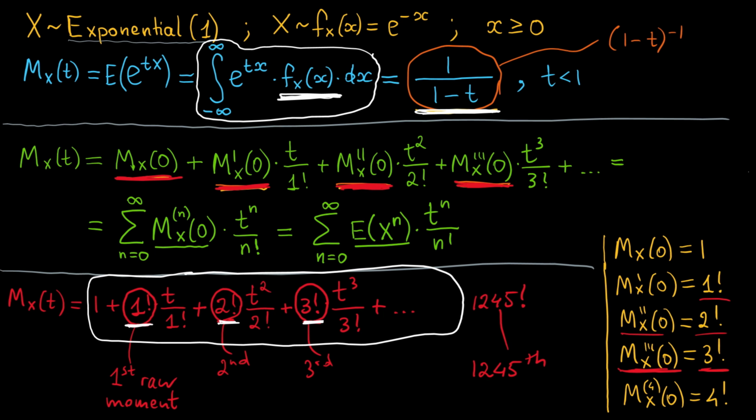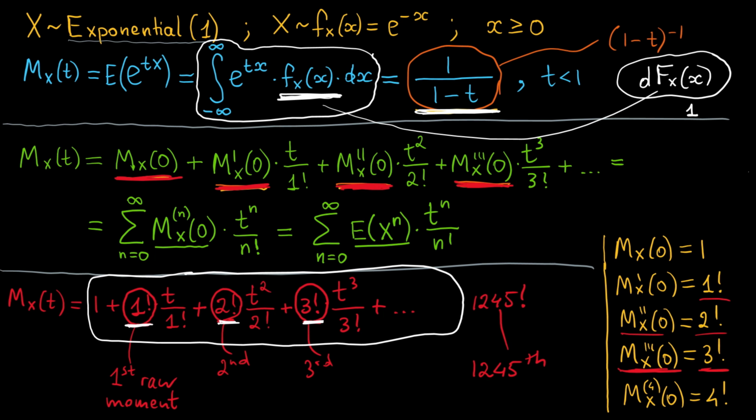In place of the PDF here, we could write the derivative of the CDF, right? Because that's how we obtain the PDF, by taking the derivative of the CDF. So the first representation of that probability function is via its CDF. The second representation is via the PDF.